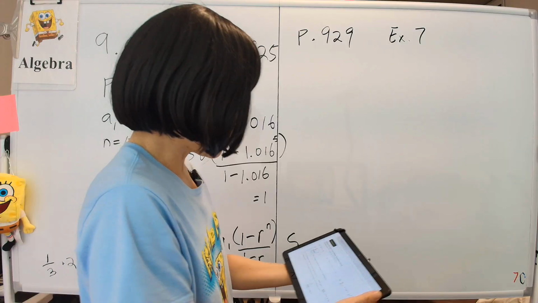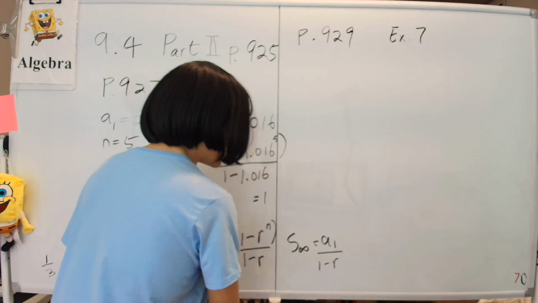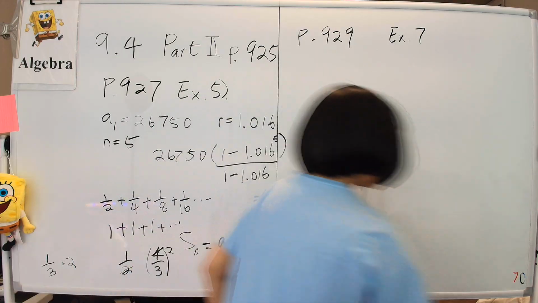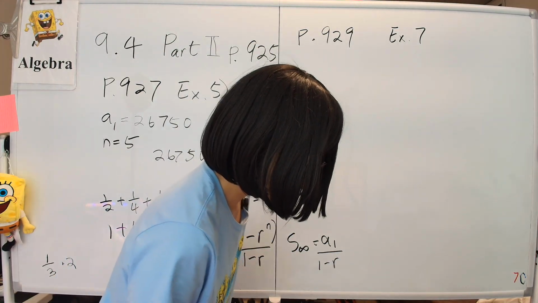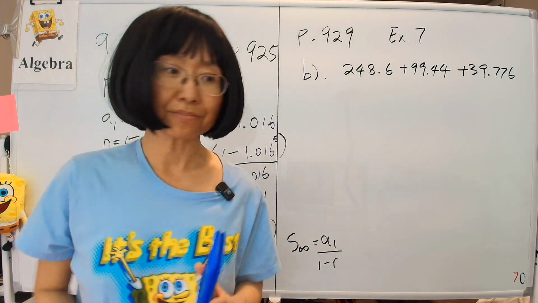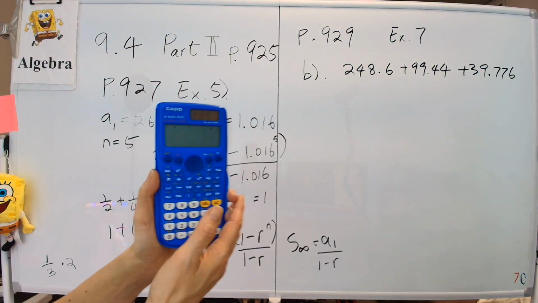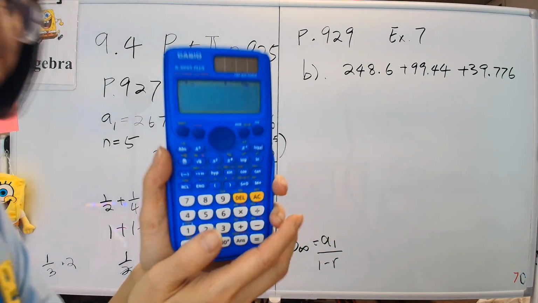All right, let's double check the book to see if they are right. Let's find the ratio of this. Well, anyway, let me turn on the calculator.